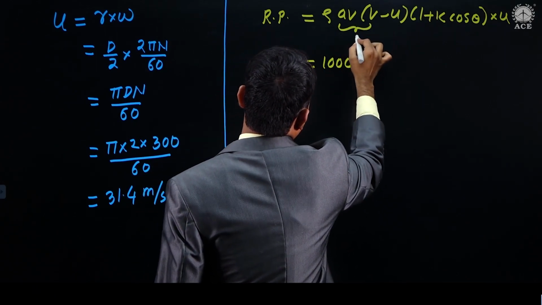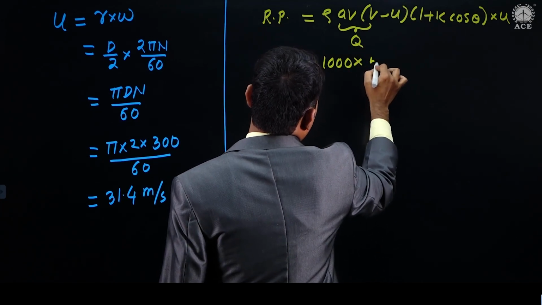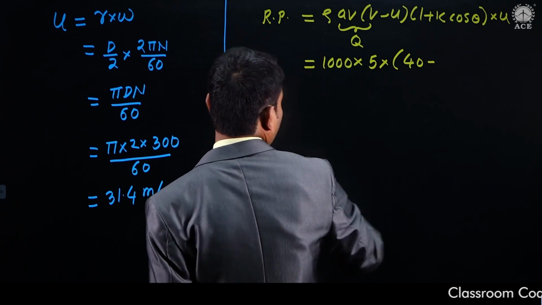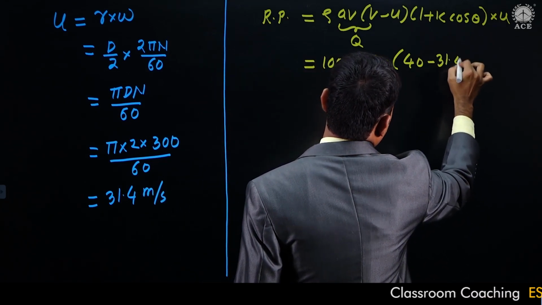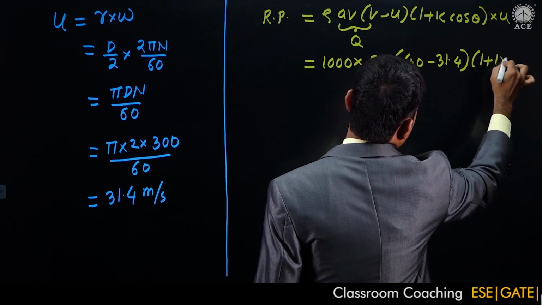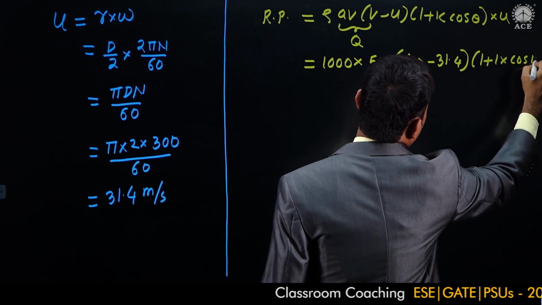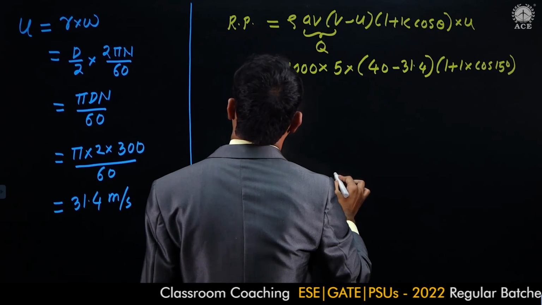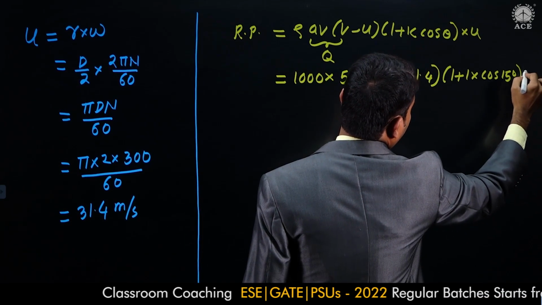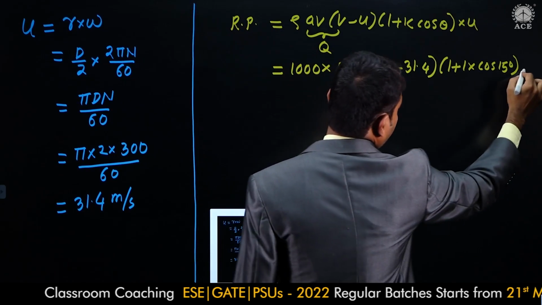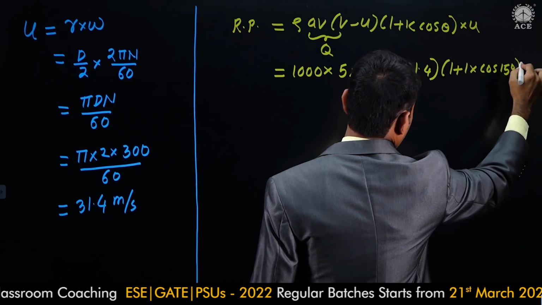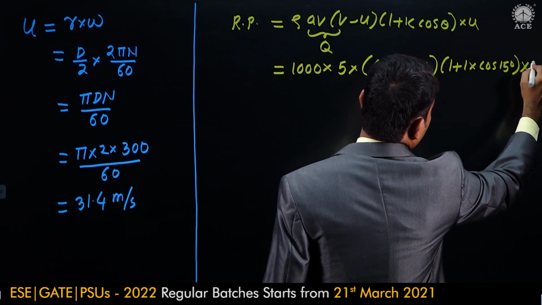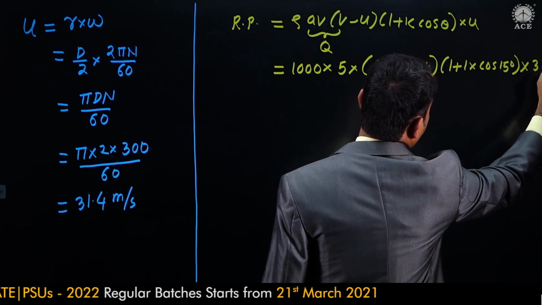A into V is Q. The Q value is given as 5, into the V value 40, minus the U value 31.4, into 1 plus K value 1 into cos 15 degree, into U, which is 31.4.